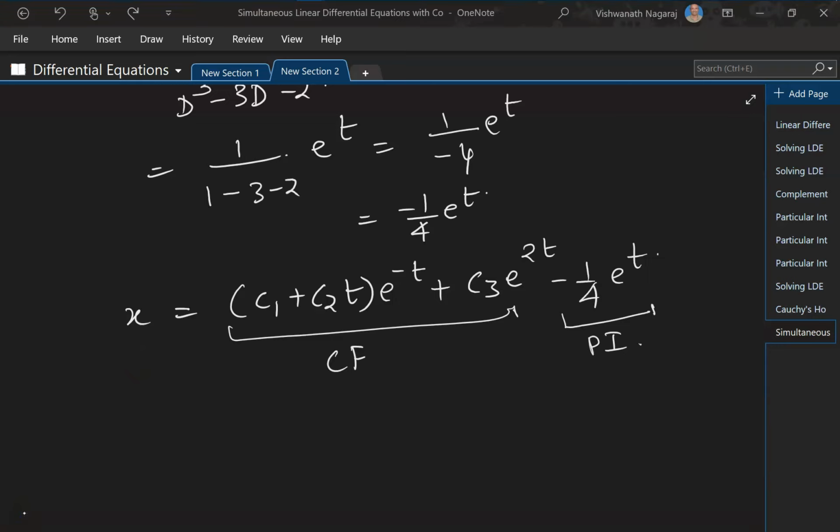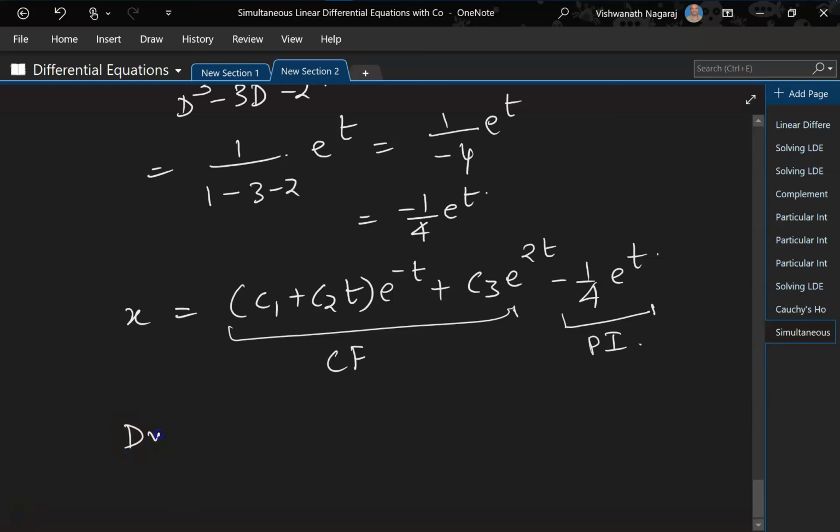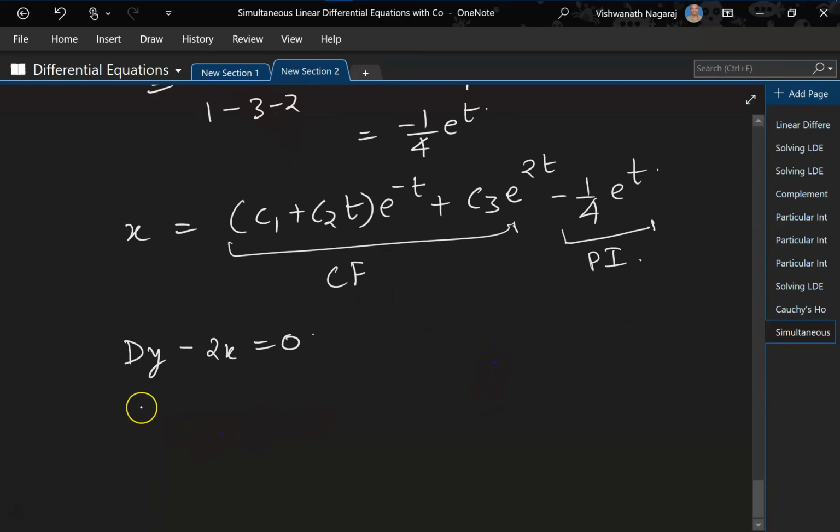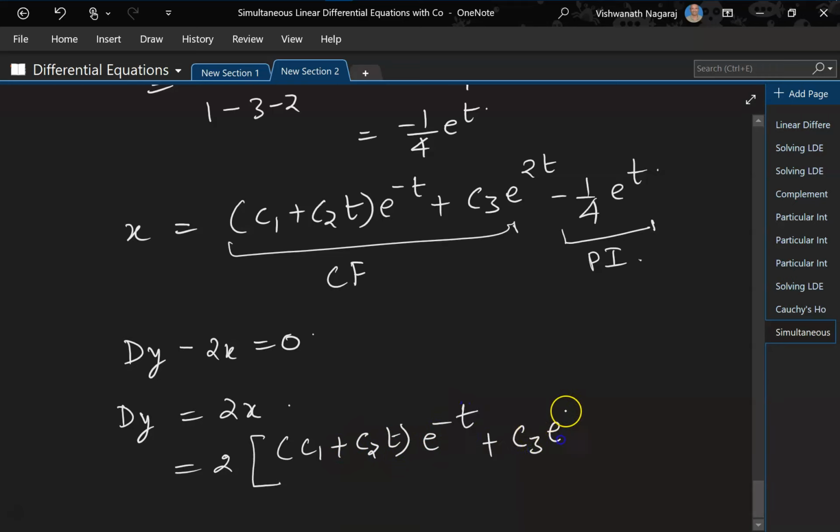So let's take the simpler equation, that is dy minus 2x equal to 0. So dy is equal to 2x, right? Which means 2 times c1 plus c2t e to the power of minus t, plus c3 e to the power of 2t, minus 1 by 4 e to the power of t.